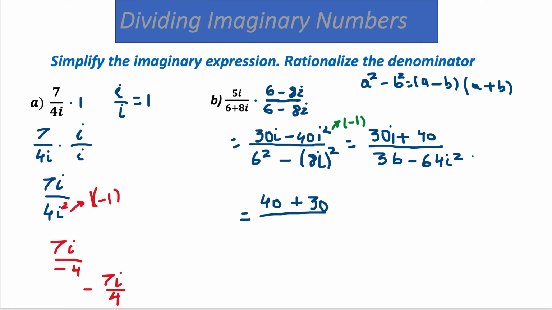And down here, i squared is minus 1. And now we have 36, and the negative becomes a positive, plus 64.